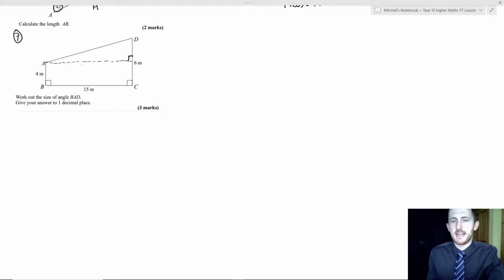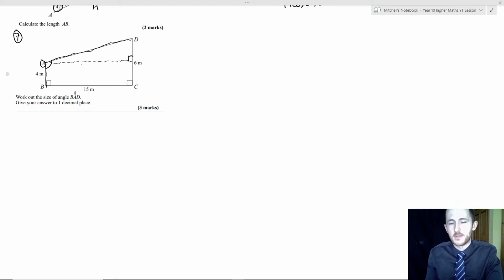So here's an easy way to tell. The angle they're talking about is always the letter in the middle. So if you find the letter in the middle, that's A. And it's made up of sides B to A, so this 4 meters, and A to D. What's the angle made up from line AB and AD? It's this whole angle here.